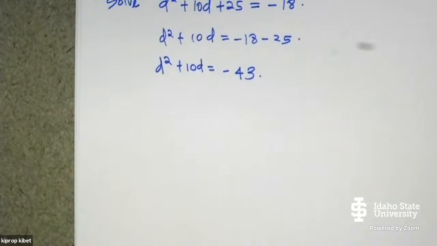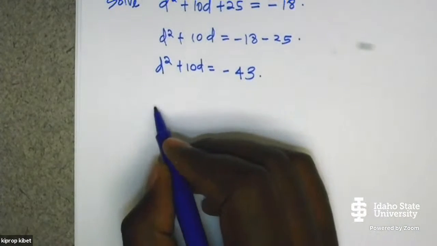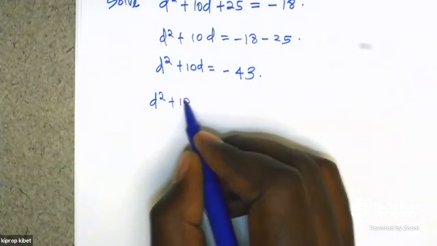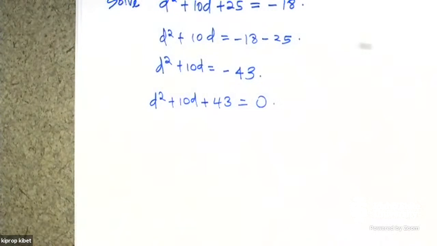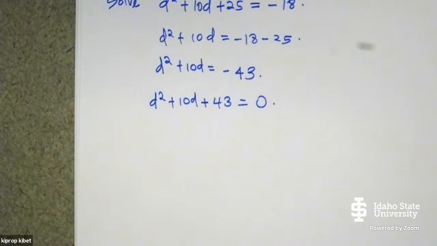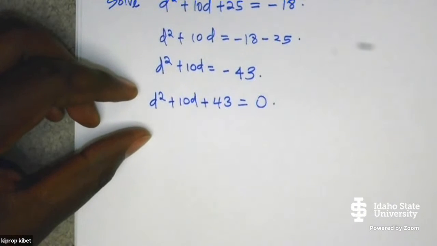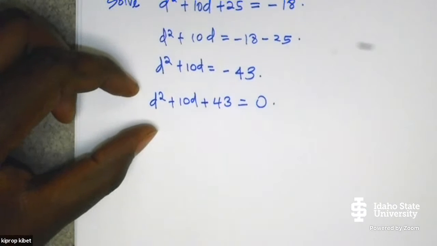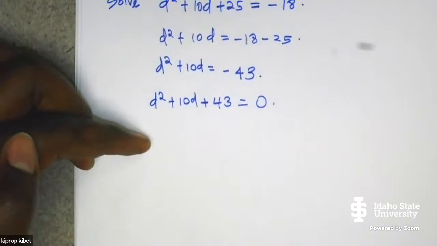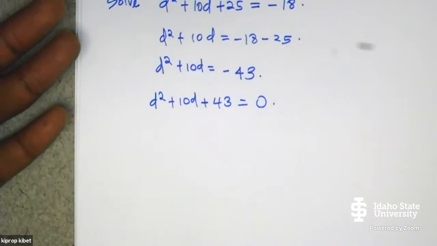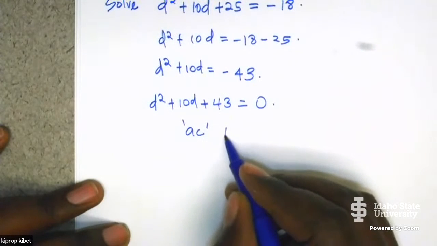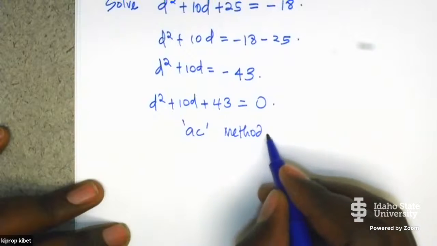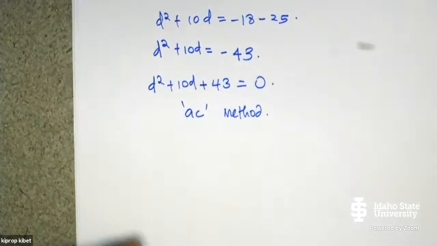So if you cannot get the values of d, then you can bring the d square plus 10d plus 43 to this side to be equals to 0. So if you cannot use the square root property here, then here you can use the what? The AC.